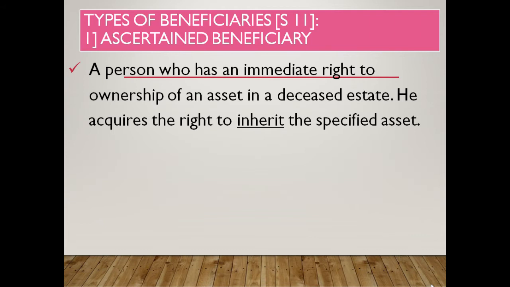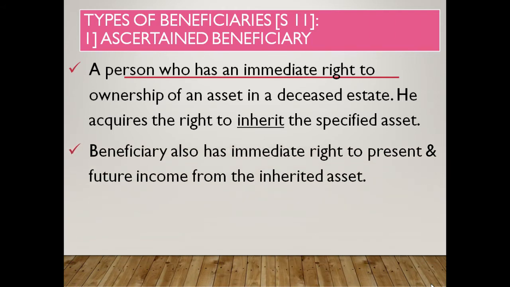Soon after the death of the individual, for practical reasons, we are saying the day after the death. If the date of the death is today, which is the 3rd of July 2021, then the 4th of July 2021 is when the ascertained beneficiary acquires the right to ownership of the asset, and whatever income accrues from that asset is going to be taxed in the ascertained beneficiary's hands.